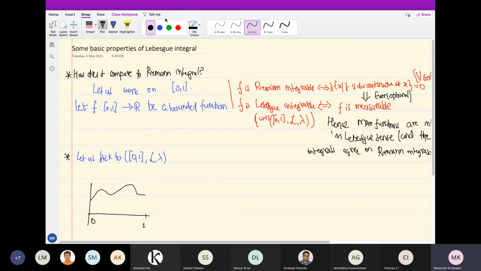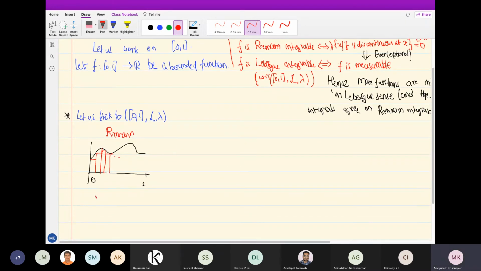In Riemann integration, what we do is we sandwich in between step functions, right? Or from outside. Okay, so in the Riemann integral, you approximate by, so you are really dividing. You divide the x-axis into tiny intervals.